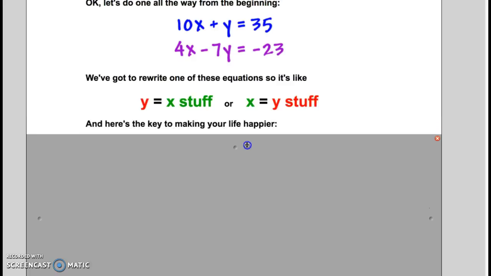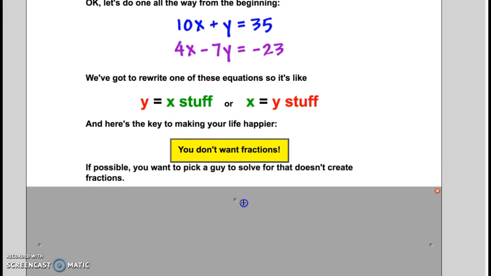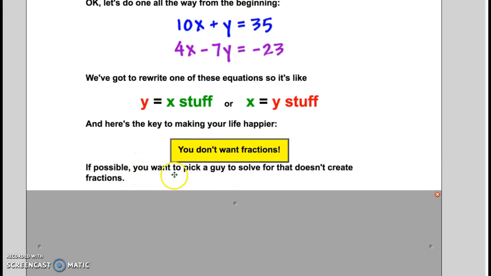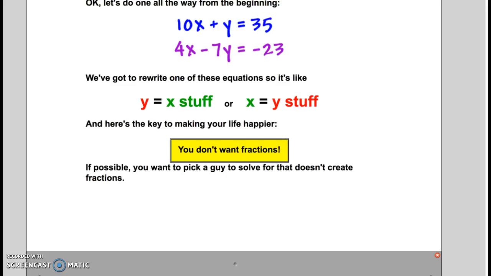Right? So here's a key to making your life happier. You don't want fractions. So if possible, you want to pick a guy to solve for that doesn't create fractions. Right? So which one up here? So think about it. Which equation would you solve for? Or what variable would you solve for and which equation would you use?